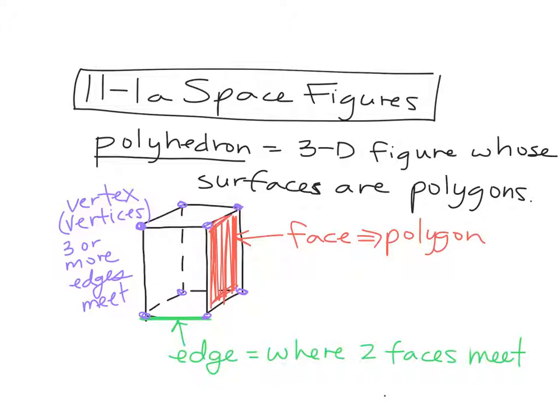There's 12, right? There's 1, 2, 3, 4 on bottom. There's 1, 2, 3, 4 on top, and then the 4 that connect those, 1, 2, 3, and 4. Okay, so 12 edges on that, 6 faces, 8 vertices. Okay? Okay, so let me give you another picture, and you can kind of lay it out for me.